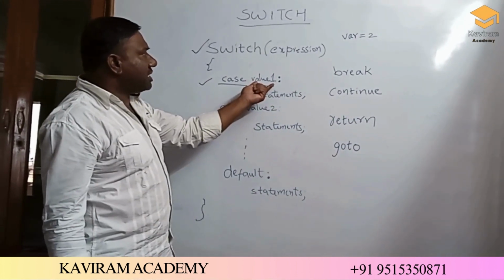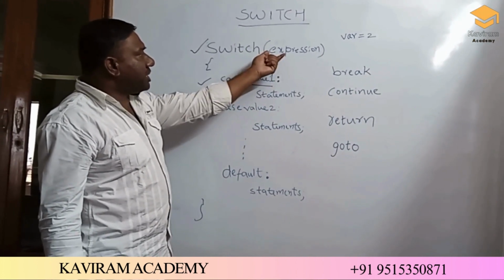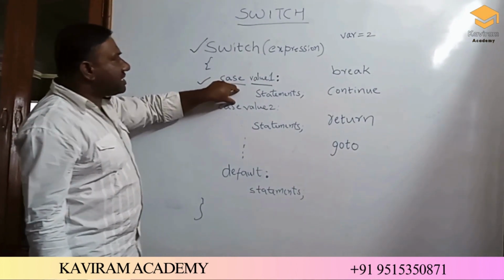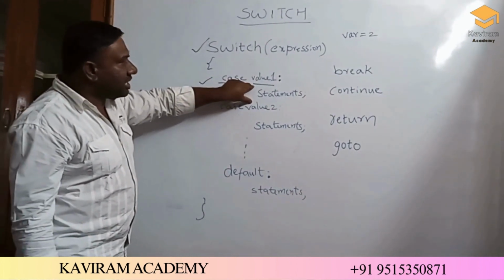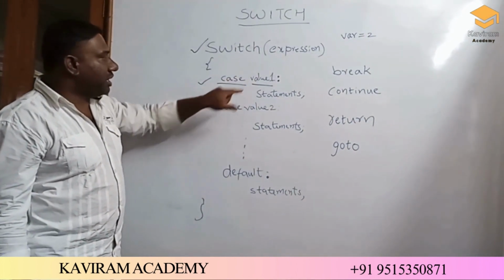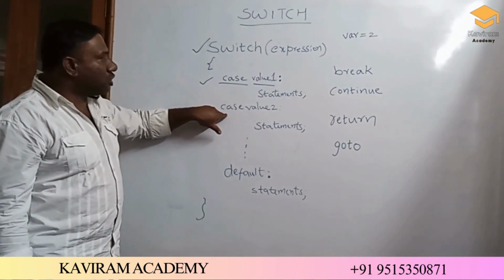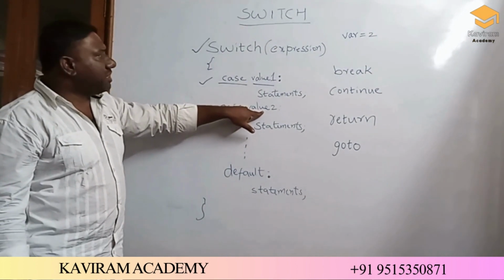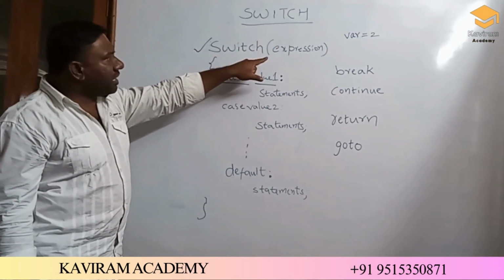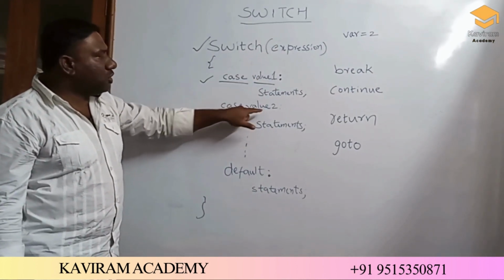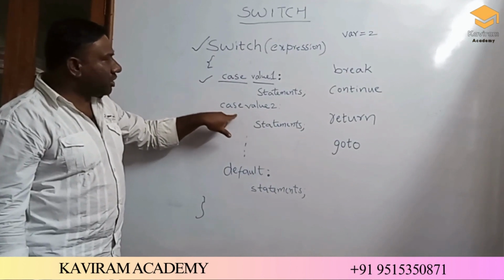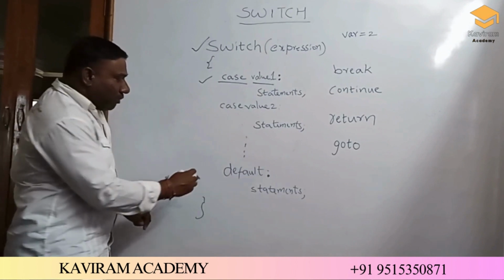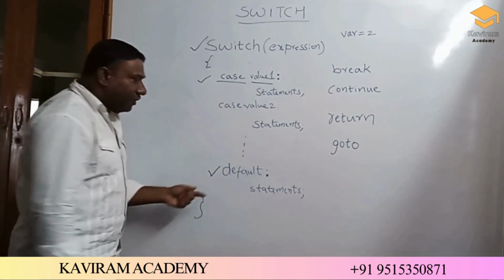If the expression matches this value, then the statements present in this case will be executed. Similarly, there is one more case, case value 2, and here there is no condition, only if the expression matches this value, then the statements present in case value 2 will be executed.